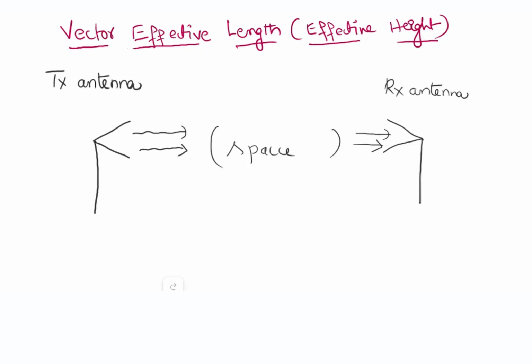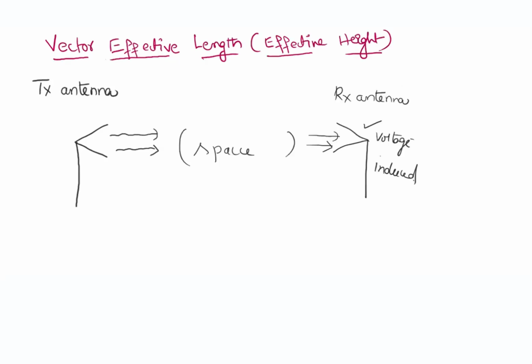Okay. So that voltage depends on the effective length or effective height of the antenna. How much voltage is induced at the receiving antenna? Where does the voltage get induced? Suppose we take this dipole antenna.